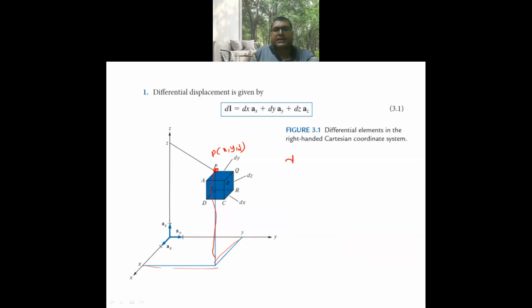And here the differential length vector dl is equal to dx ax plus dy ay plus dz az. Here ax, ay and az are the unit vectors along x, y, z axis respectively, and dx, dy and dz are differential length elements along x, y, z axis respectively.